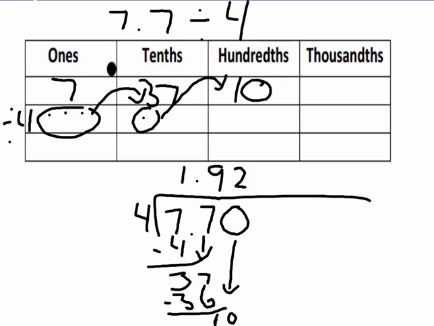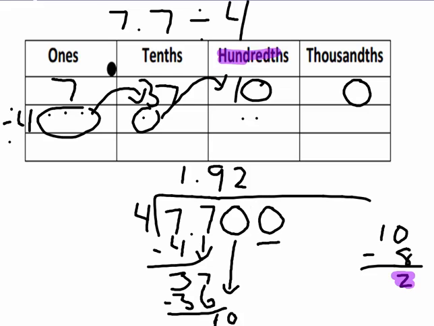I multiply, I need to do my work over here now. 10 minus 8 is 2. I'm in my hundredths, so that means these are 2 hundredths. 2 hundredths are left over. What do I do next? Same thing. I'm going to exchange them for thousandths. Notice how right now I have 0 thousandths, so I can add 0 thousandths. I'm exchanging.